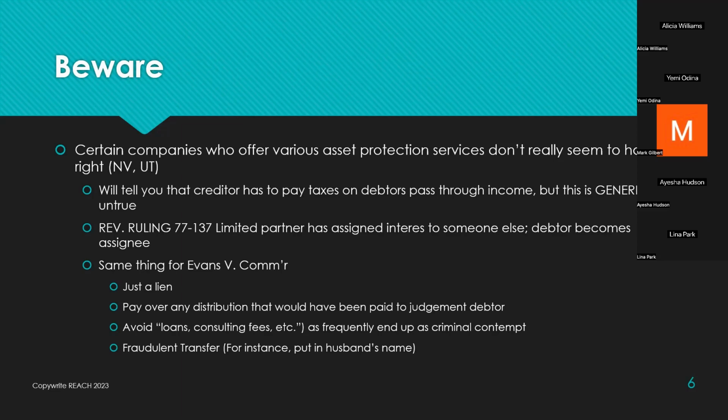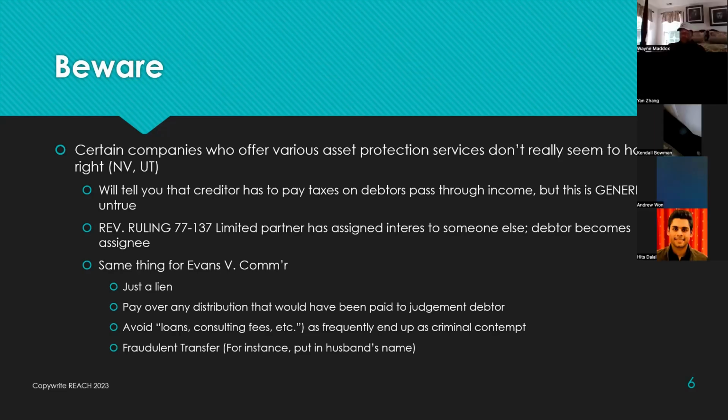So for instance, a typical thing that you're going to see them tell you is that if there's a charging order, and that charging order says that you are supposed to pay out what is owed to the creditor anytime there's a distribution, then because there is a charging order, the creditor actually has to pay the taxes on the debtor's pass-through income. But this is generally not true.